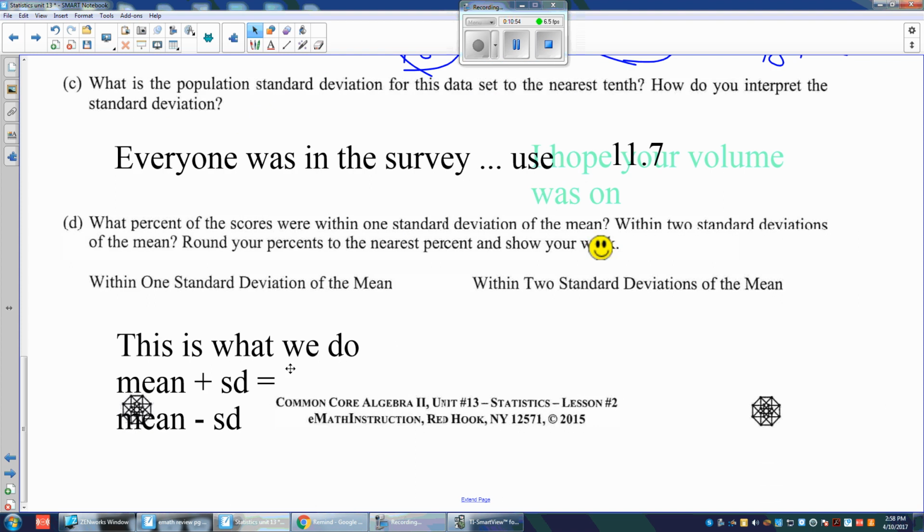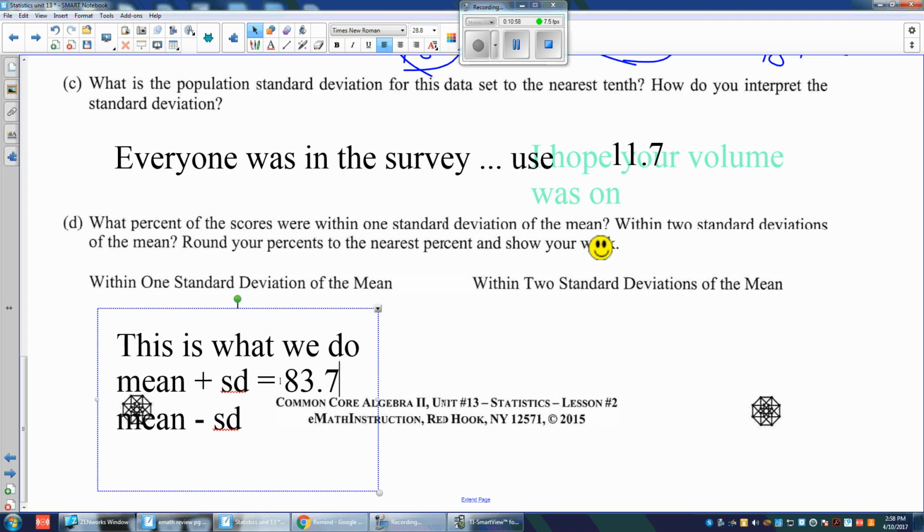The mean was 83.7 plus 11.7 equals 95.4.